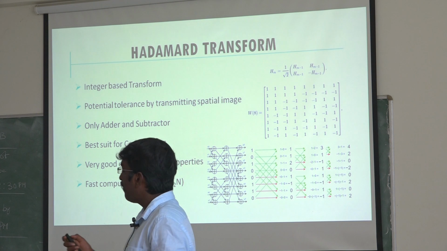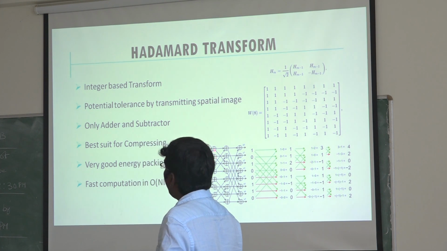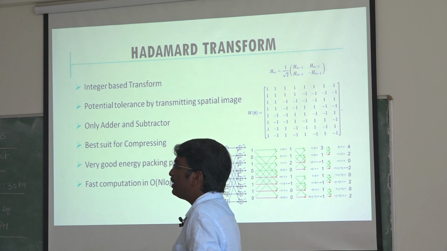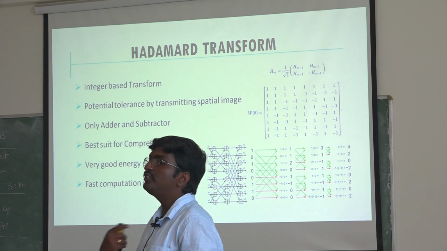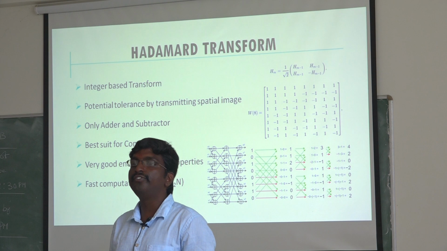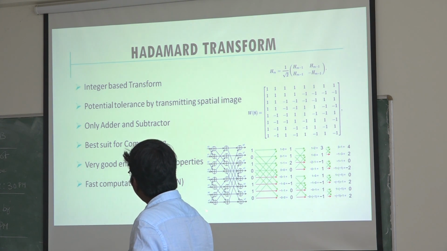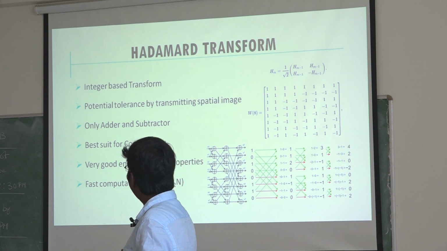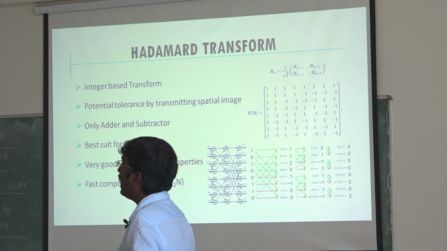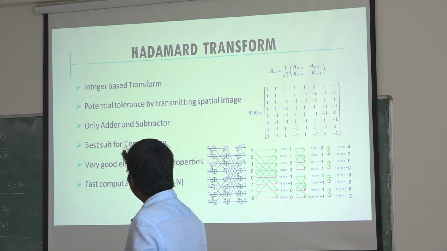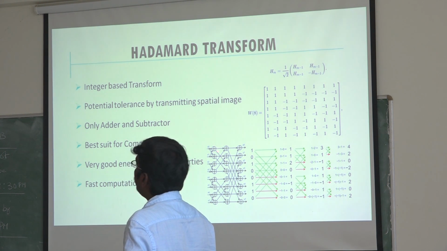So whenever we process, we need to add the signed representation bits, either 1's complement, 2's complement, or signed magnitude. In whichever format we are going to process, we need to fix it. Once we fix it, the input will be given to the adder. Once the adder receives the input, it will add and give it to the next stage. In the next stage, again 8 adders will be there.